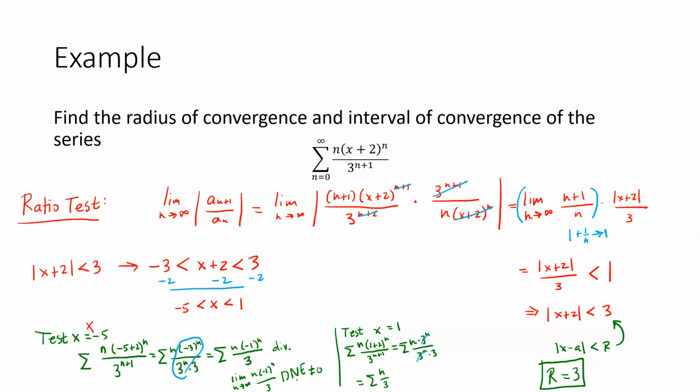And clearly, for the same reason as over here, this is divergent by the divergence test, because as n goes to infinity, n over 3 goes to infinity. So we see that at x equals 1, this one is not included in our interval of convergence either. So therefore, the interval of convergence will be the open interval from negative 5 to 1.